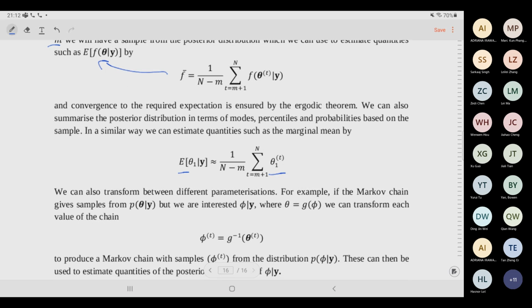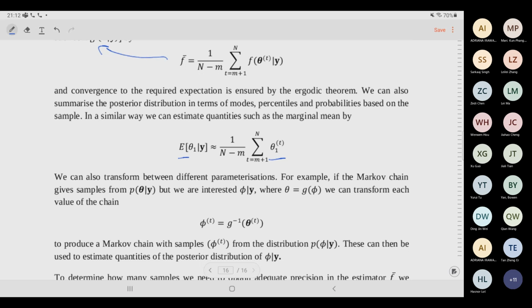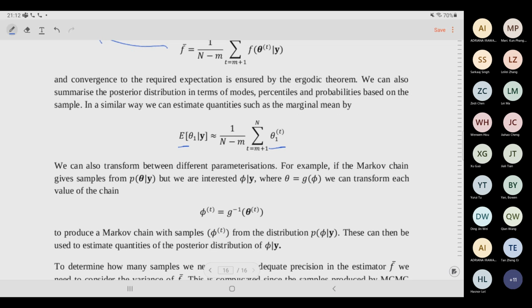But usually, after you get the sample, that is the easy part. The harder part is to get a good sample. So how long is the duration? How much should you burn in? That is complicated because it depends on the problem.